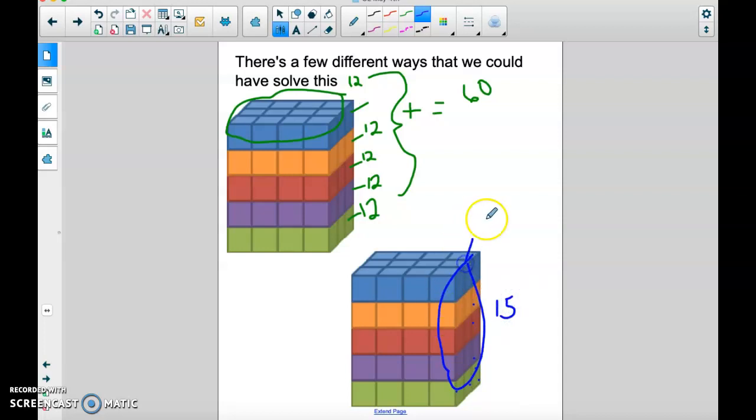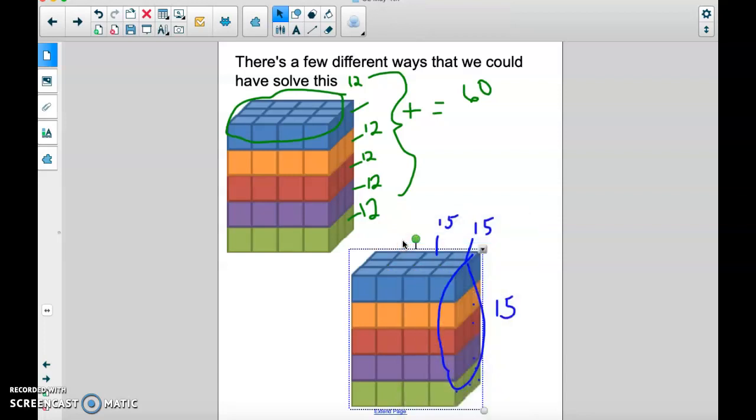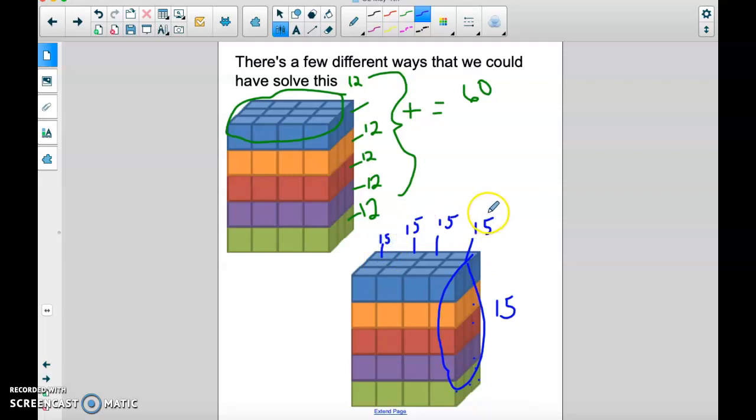So there's 15 here in this layer, 15 here in this layer, 15 here in this layer, and 15 here in this layer. So when we add these 4 15s up, we would also get 60 total. Okay? So two ways that people normally go about solving this, right?